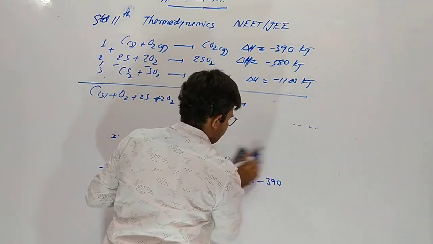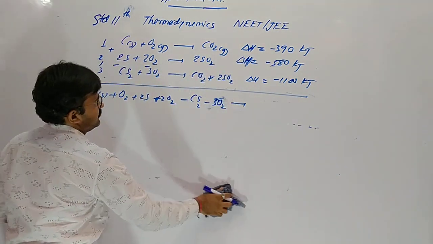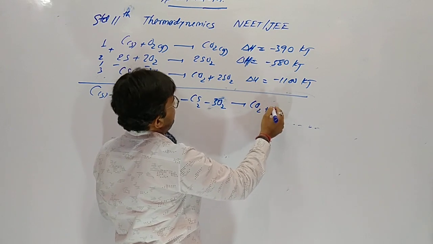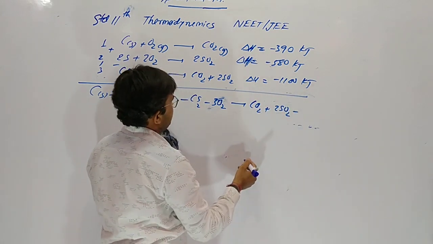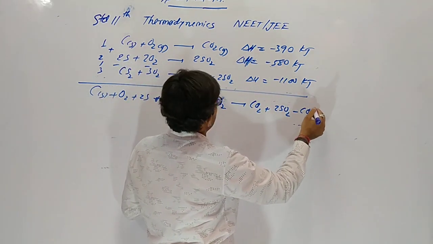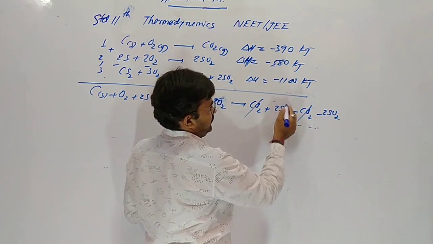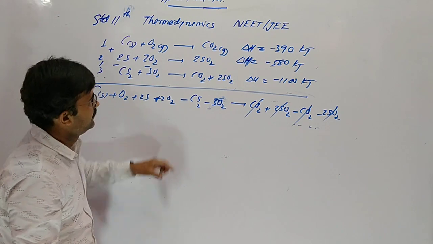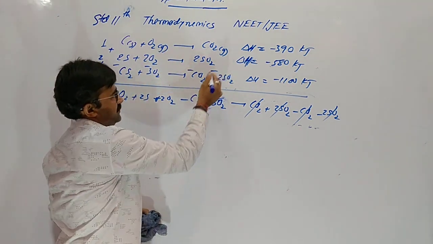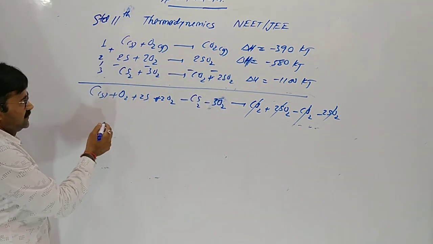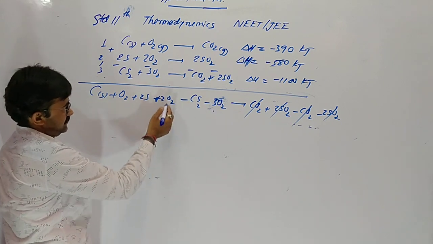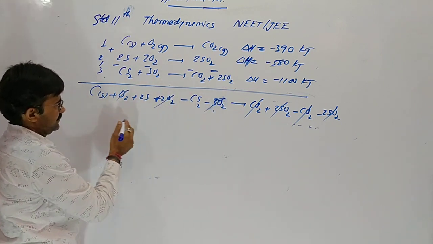Now on right hand side, CO2 plus 2SO2 minus CO2 and minus 2SO2. So CO2 CO2 cut, SO2 SO2 cut. આ બેનું total, આ બેનું subtraction. Here 3 times O2, 2 plus 1, 3 times, cancel.